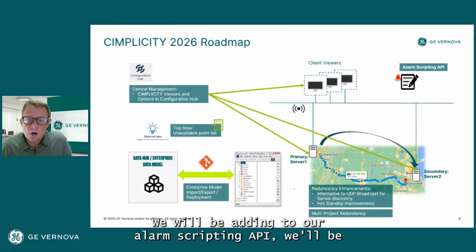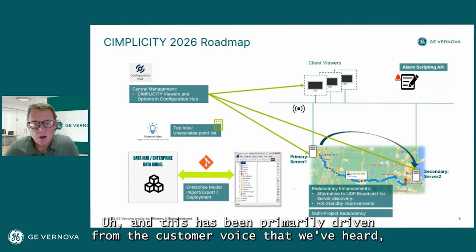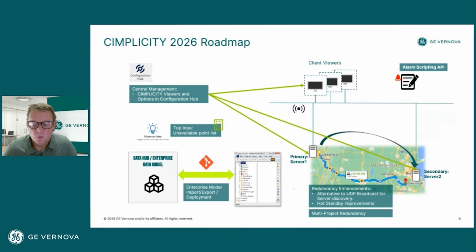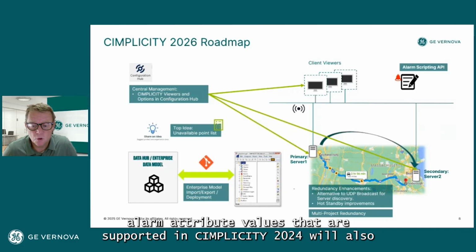We will be adding to our alarm scripting API. We'll be adding 2 or 3 more APIs, and this has been primarily driven from the customer voice that we've heard, which will allow you to do things like generate alarms from scripts with additional attributes like the 10 custom alarm attribute values that are supported in Cimplicity 2024.